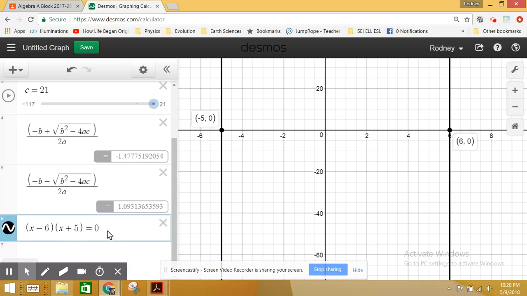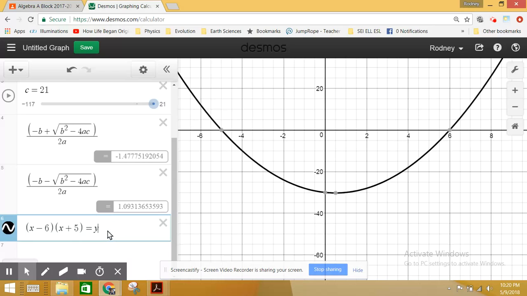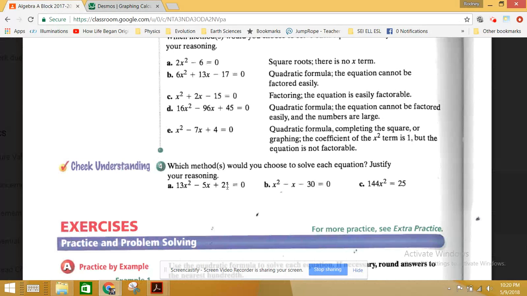So if I were to graph this as y equals, you can see it has those two x-intercepts. You can also see it has a y-intercept of negative 30, and you can also notice that it has a vertex at x is 1/2. So our original equation is x squared minus x minus 30.